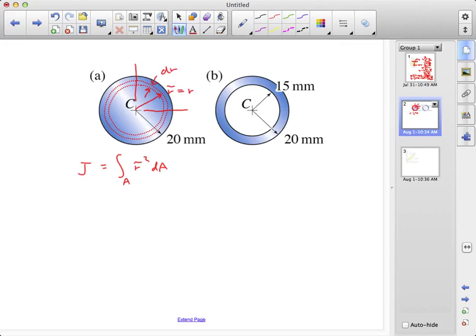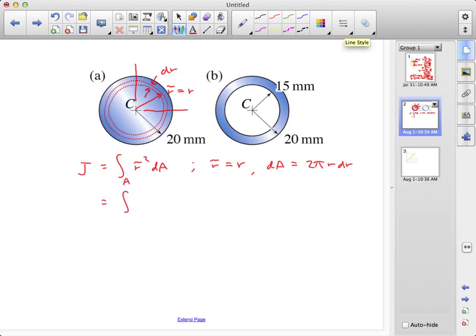In this case, every material point in that differential element is the same radial distance from the origin. So here, r tilde is just r, the radial position, and the differential area is the circumference of that annular element times its thickness, which is 2 pi r dr. And once again, we've turned an area integral into a one-dimensional integral.